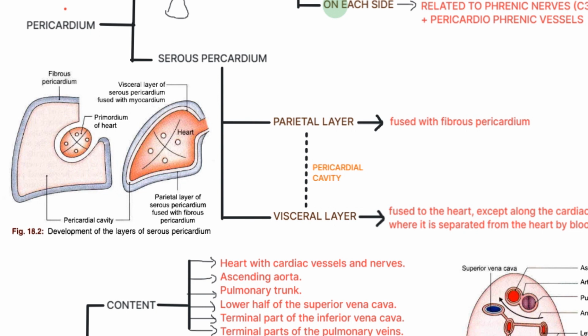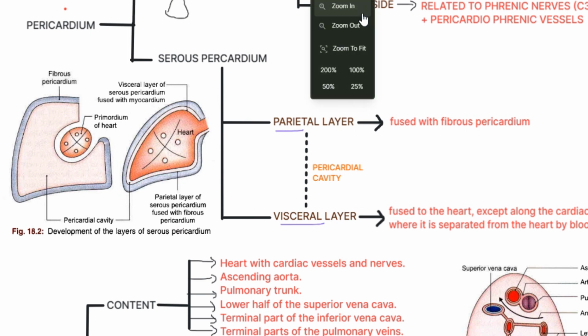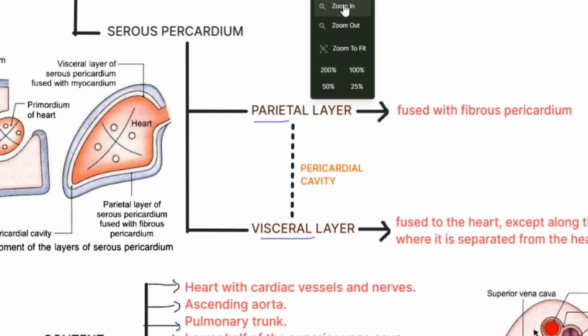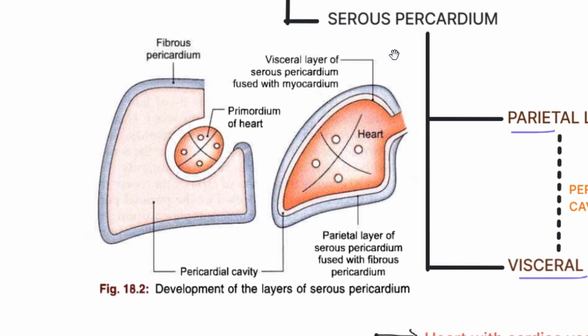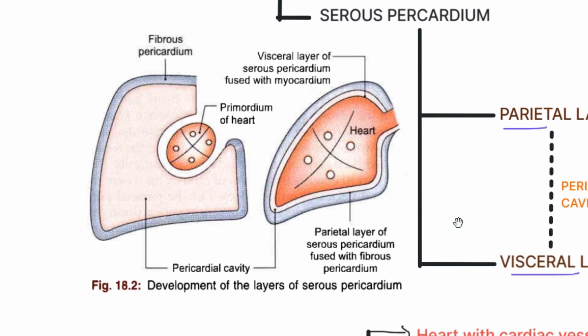So serous pericardium is divided into two layers, your parietal layer and your visceral layer. Here on the diagram even you can see. So this is the diagram of serous pericardium, right? And this is your fibrous pericardium on the outside.